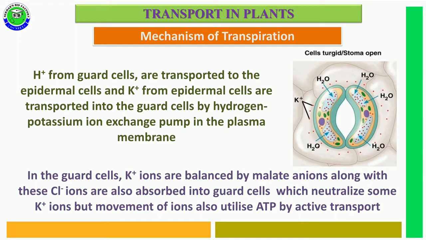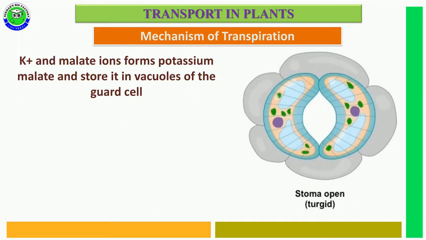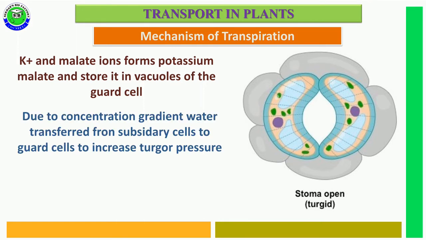Along with these, some Cl minus ions are also absorbed into guard cells, which neutralize some K plus ions, but movement of ions always requires ATP energy. Such transportation is called active transport. So K plus and malate ions form potassium malate, and this potassium malate is stored in vacuoles to maintain the concentration gradient.